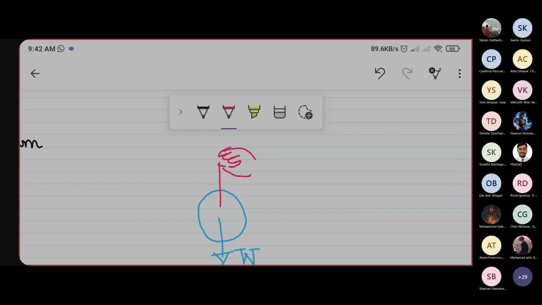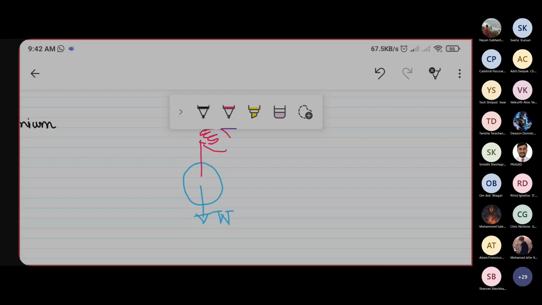Now you tell me how much force or tension will be in that string if the body is in equilibrium. If the body is in equilibrium, your first condition is what? Resultant should be 0. Okay, they are along the same line, so automatically the tension in that string will be W.